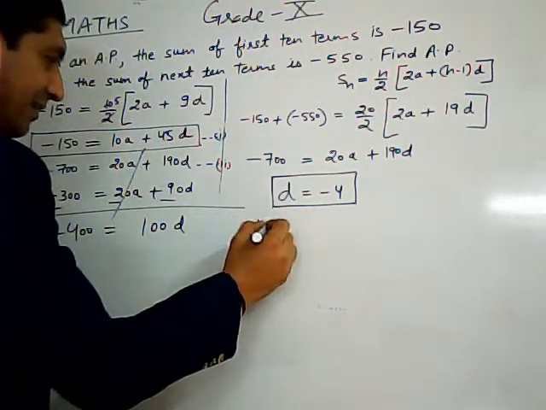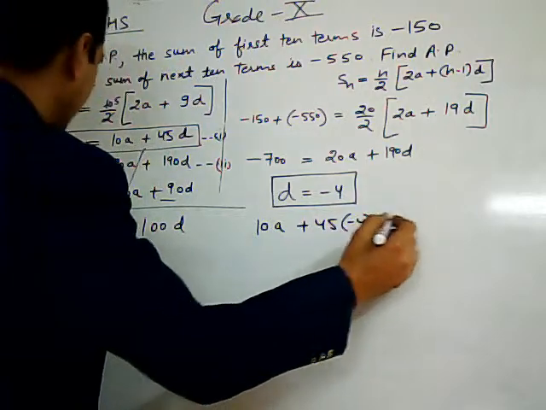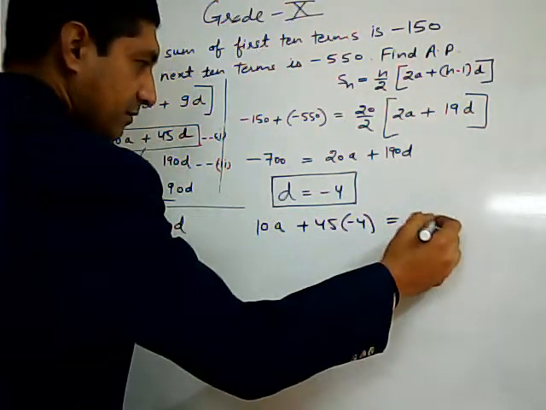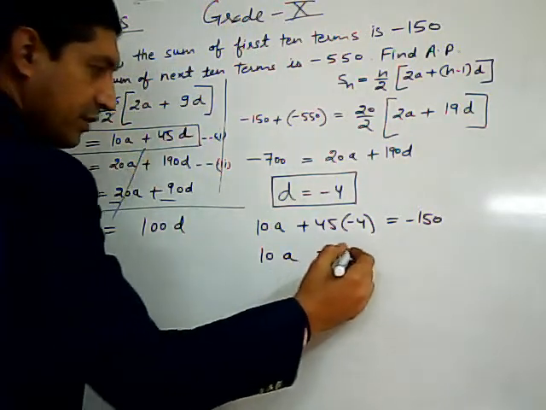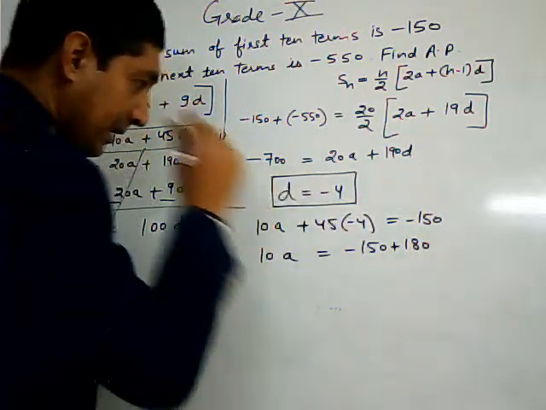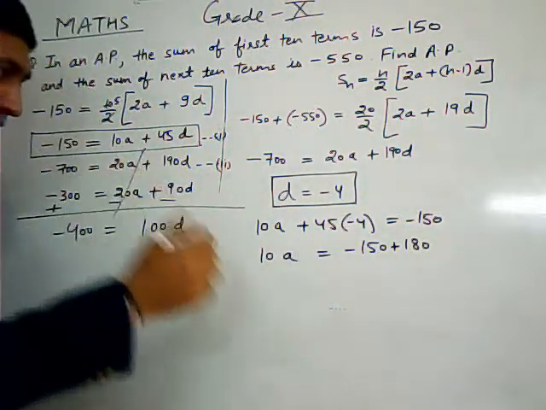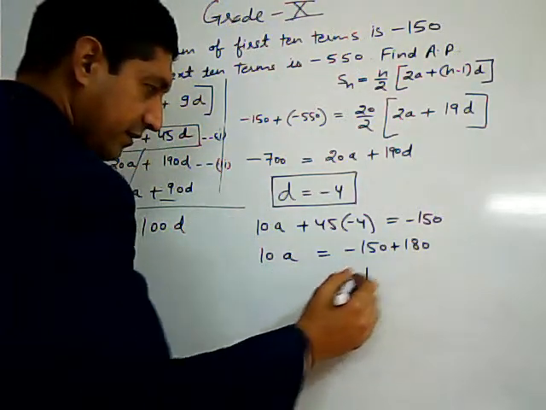So 10a plus 45 into minus 4 is equal to minus 150. So 10a is equal to minus 150 plus 180, so it becomes 30.